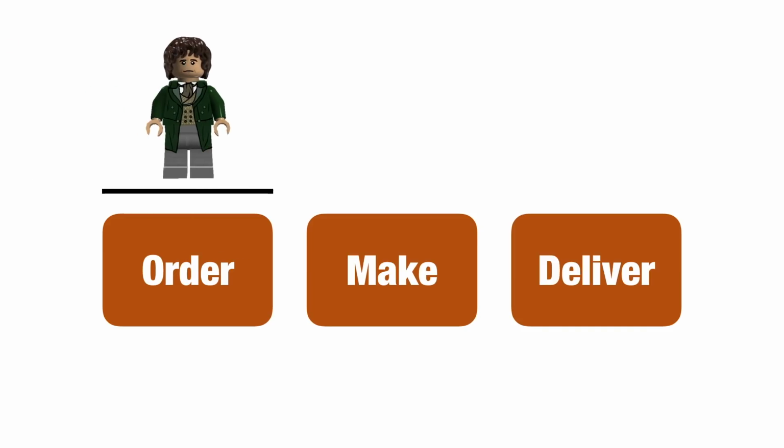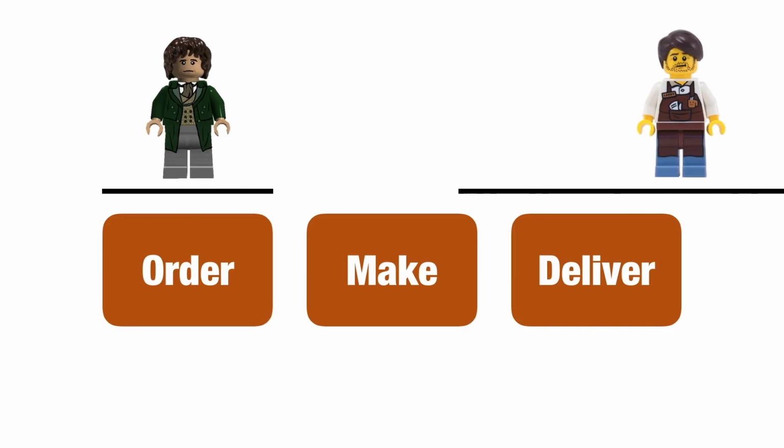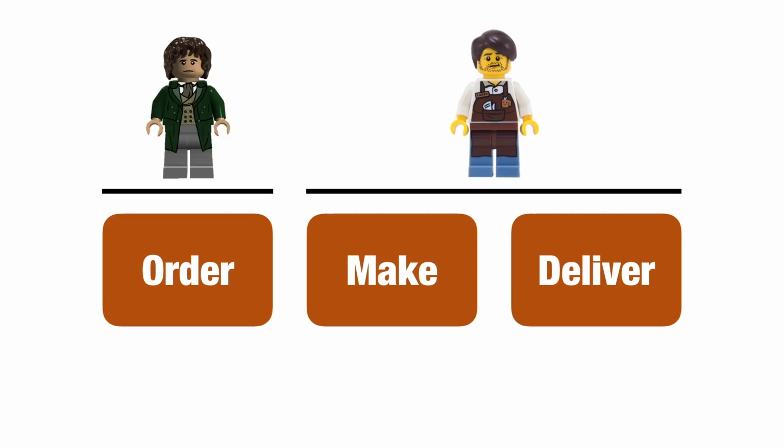So yes, Doctor Who taking orders, barista making the coffee. And this arrangement, this specialisation, comes with some notable advantages. We have a dedicated order taker who can presumably become better at order taking over time. And we have a dedicated barista who is focusing all of his attention on becoming better at making coffee.